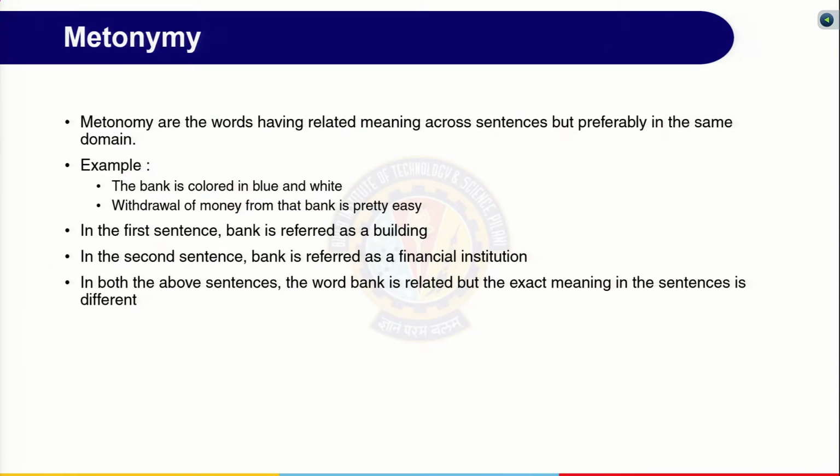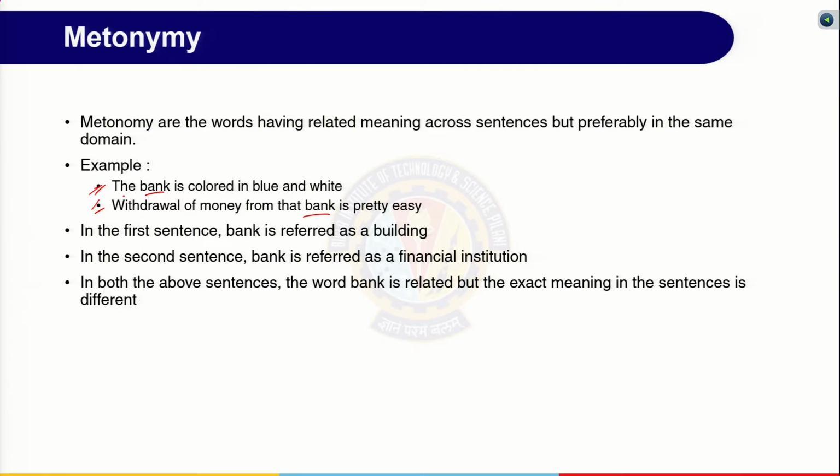Metonymy are words having related meanings across sentences, but preferably in the same domain. This is quite interesting, so let us look at these two examples. The first example says, the bank is colored in blue and white. The second one says, withdrawal of money from the bank is pretty easy. Here the word bank again appeared in our example, but if you see, both of them are referring to the same concept, a financial institution.